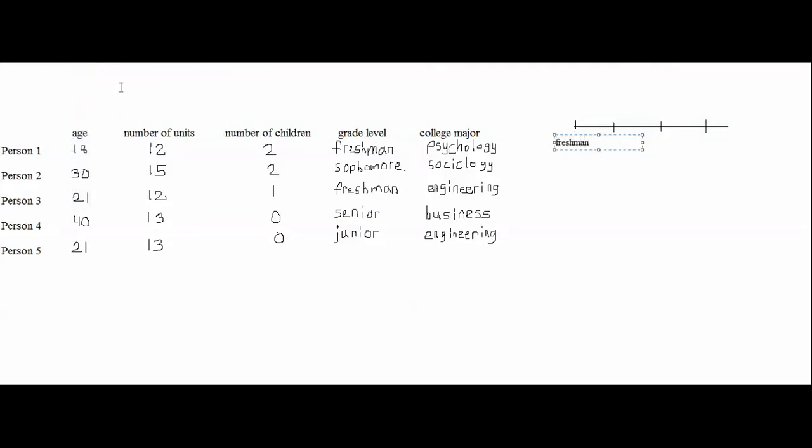This is freshman. This is sophomore. Junior and senior. We need to have a y-axis that'll show the frequencies.